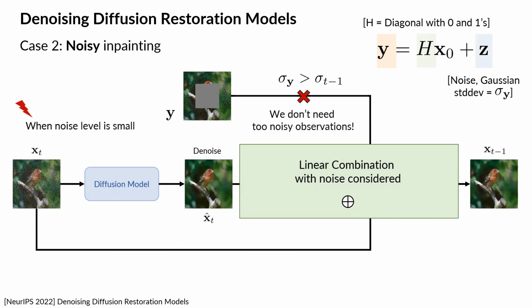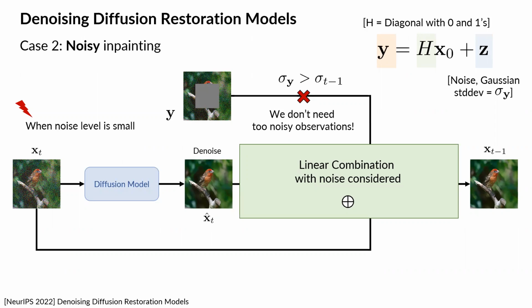In the second case, after we have done a series of denoising and injected some information using this observation y, we reach a point where our noise level is relatively small. For example, given this xt, we are pretty sure what the final image would be. In this case, the information about y is more noisy than the noise level at the next step.